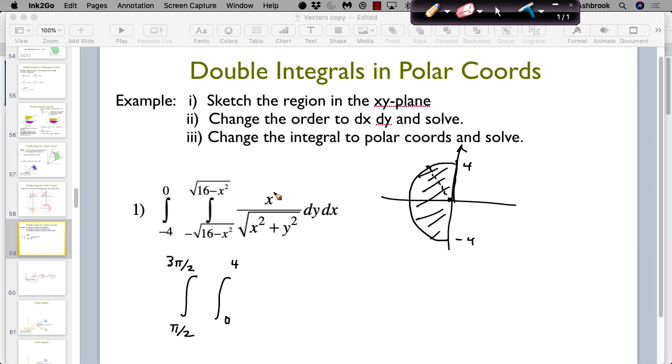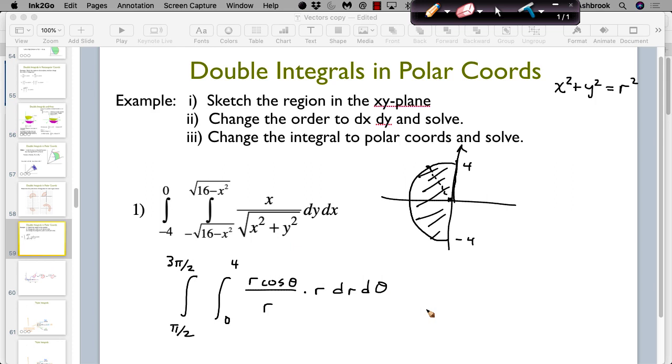And now we've got to change this, right? So x is? Okay, now before we start plugging in r cosine theta and r sine theta, what is x squared plus y squared in polar coordinates? r squared, right? So the denominator is r. dy dx is? r dr d theta.